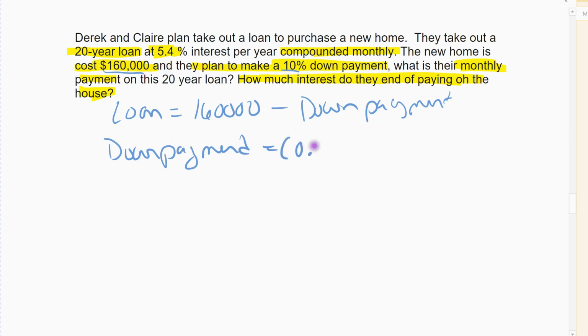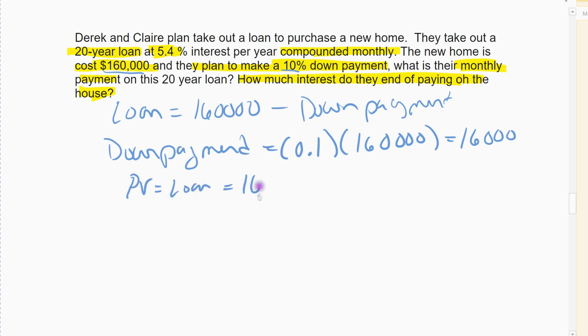So you take the percent as a decimal, 0.1, 10% of $160,000 is $16,000. And so they're going to make a down payment of $16,000, 10% of what they owe. And so we're going to borrow the rest of it. So the loan, the present value, is $160,000 minus the $16,000.